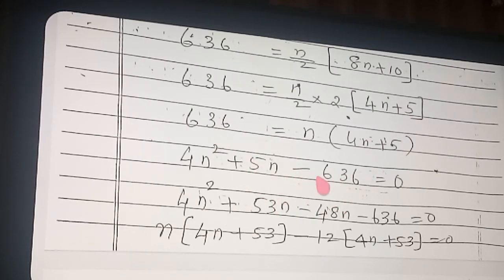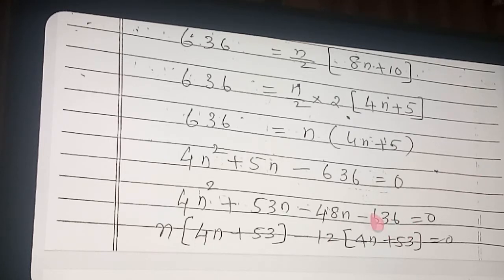Quadratic equation means you have to split the middle term. Multiply 636 into 4, and take its factors such that you get the middle term. The factors taken are 53 and 48. How to split them I didn't show here, but you know.